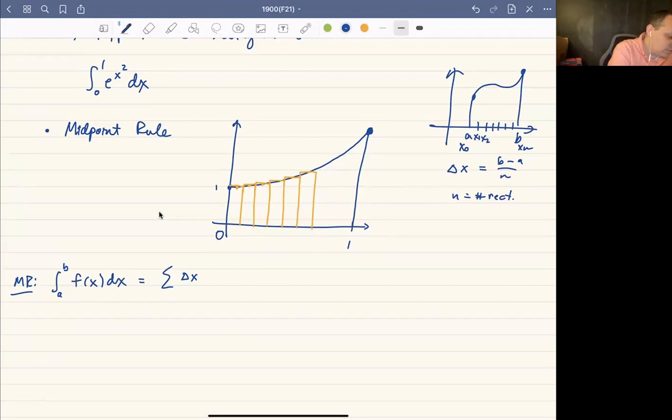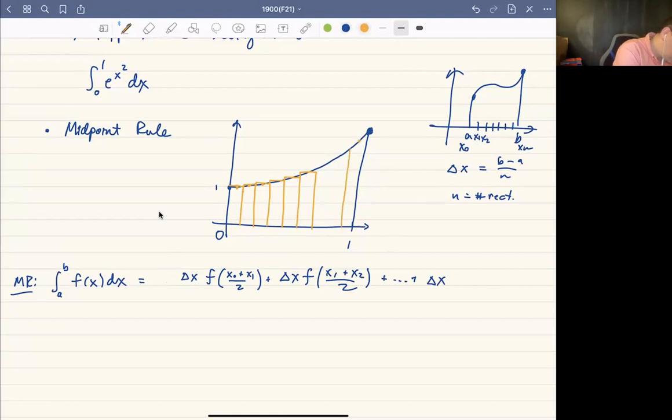And so the midpoint rule says that we're going to add up all these values: delta x times f of (x0 plus x1) over 2, plus, I'll write this in some notation in a second, plus the width times f of (x1 plus x2) over 2, all the way out to delta x, which is the width of the last rectangle.